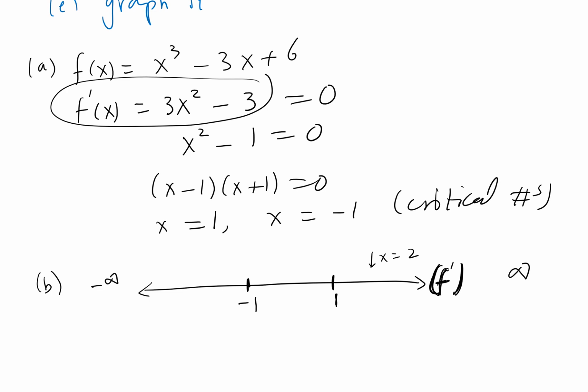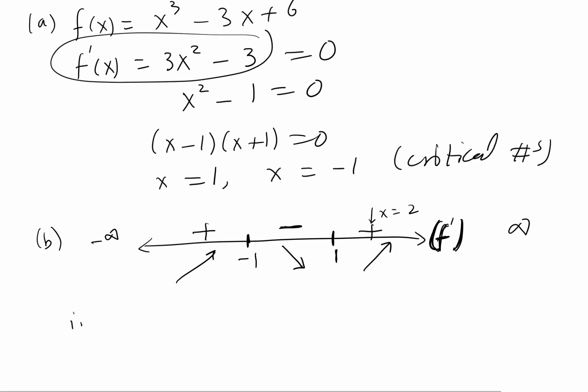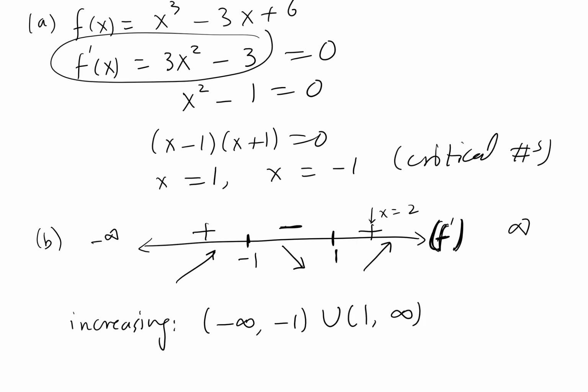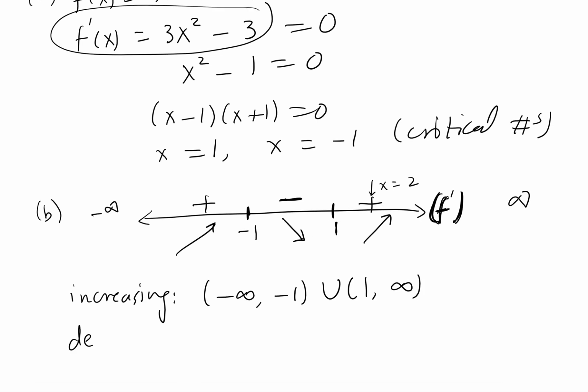When you substitute 2 in, you're going to get a positive value. If you substitute 0, you're going to get negative, and positive on the other side. So it's increasing, decreasing, increasing. The graph is increasing from negative infinity to negative 1, union 1 to infinity, and decreasing from negative 1 to 1.